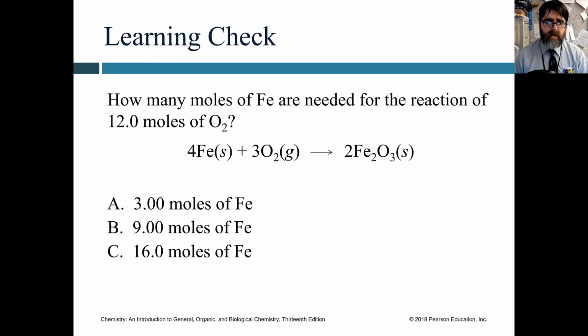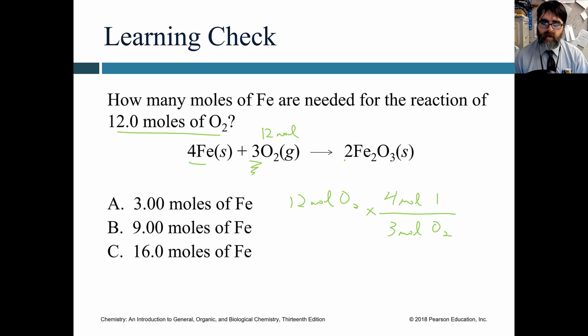Here we're given another practice calculation, and this time it's the same reaction equation, except we have 12 moles of oxygen to start out with. And so we have 12 moles of O2. And we know that there are 3 moles of O2 that came from the reaction equation up here for every 4 moles of iron.